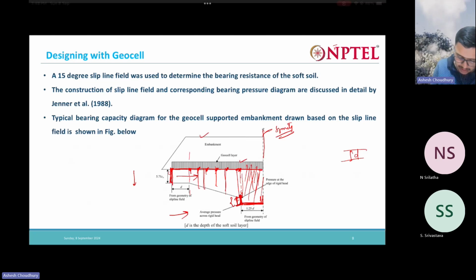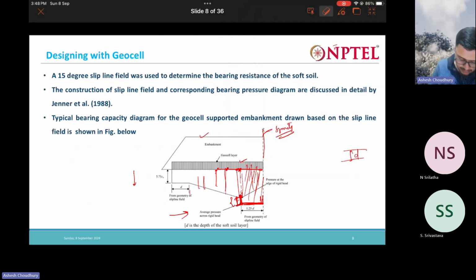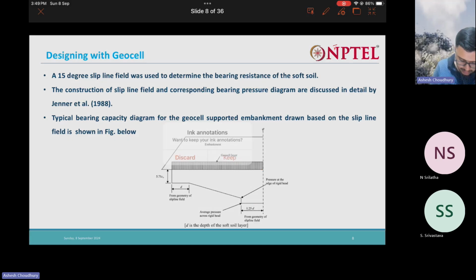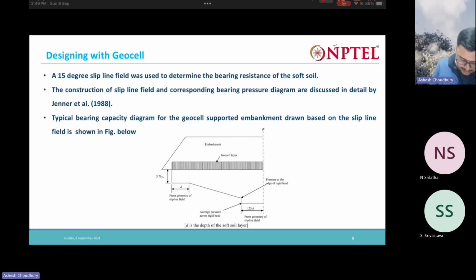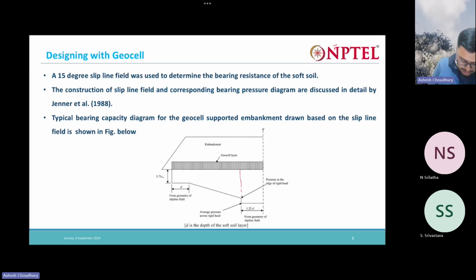So this is the pressure at this point. Now just as the rigid head begins at this point, there is a discontinuity, right? So at the same point we have two pressures, it is increasing.